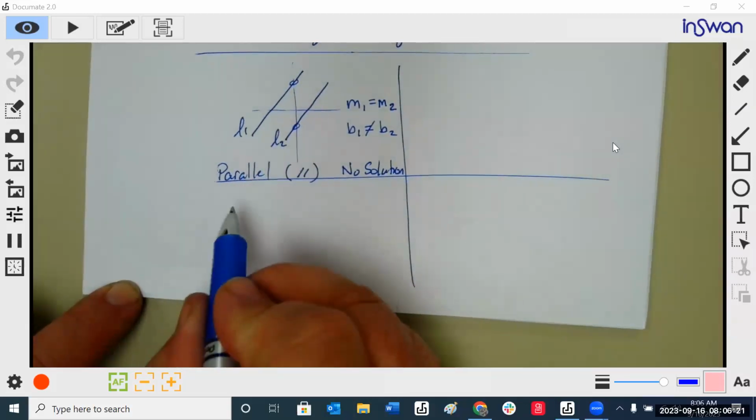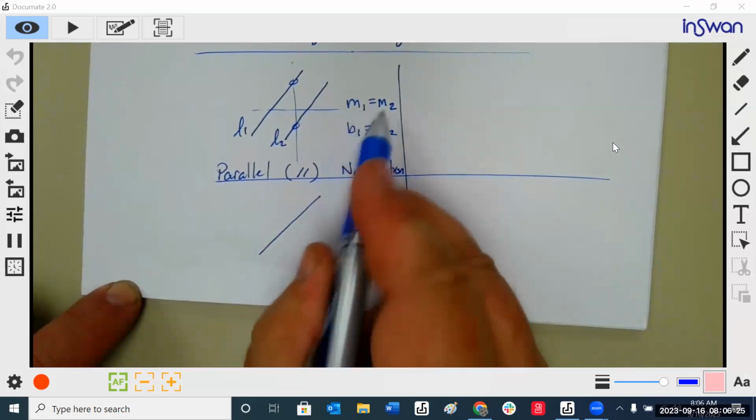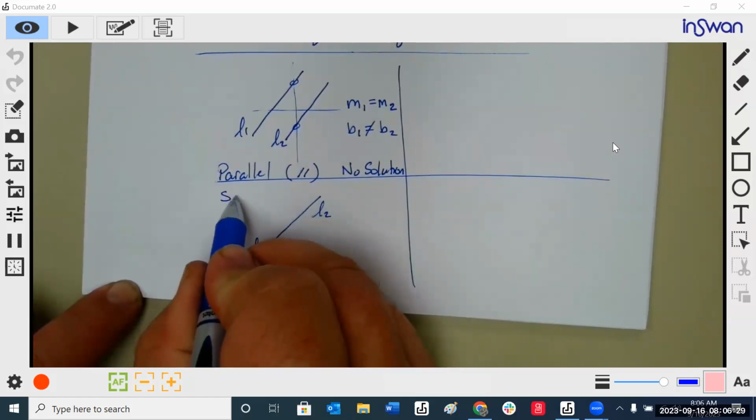Another example of when two lines have the same slope is if they are the same line.